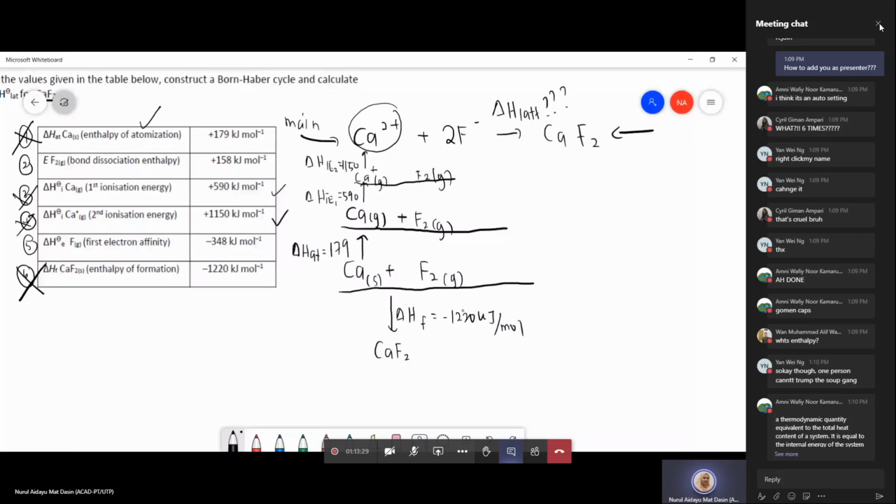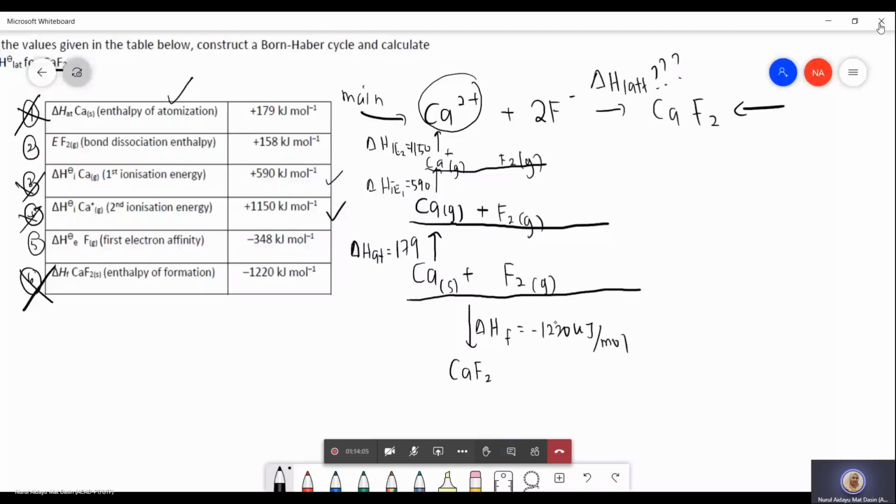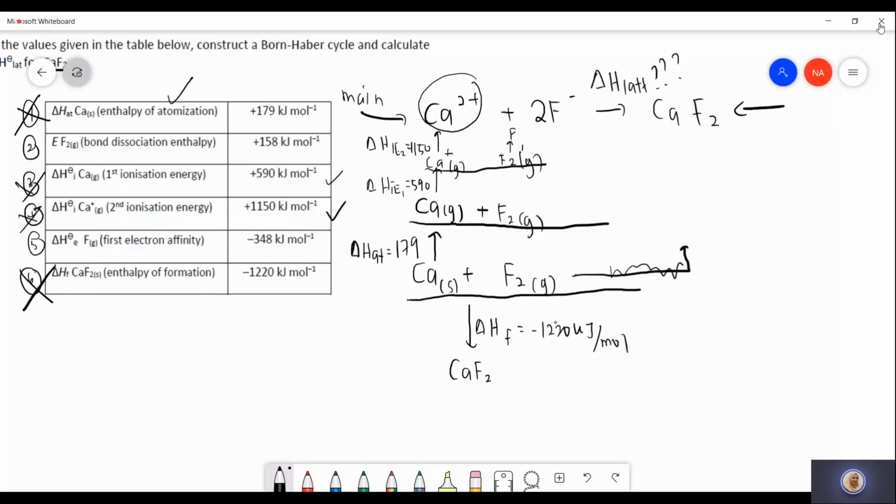So F2 gas will dissociate to F. One F2 will dissociate to F. This is delta H dissociation, which is 100.